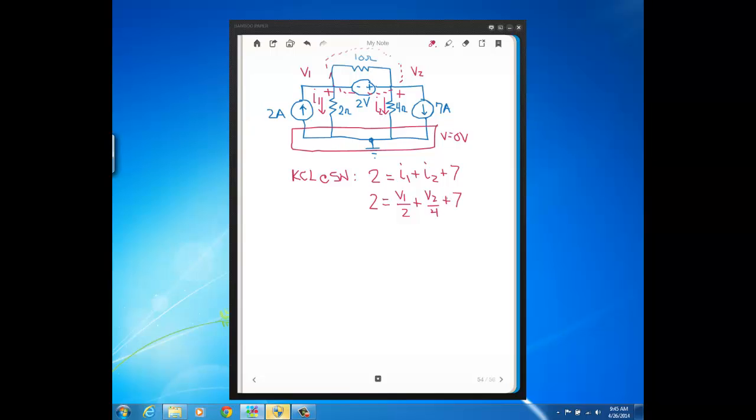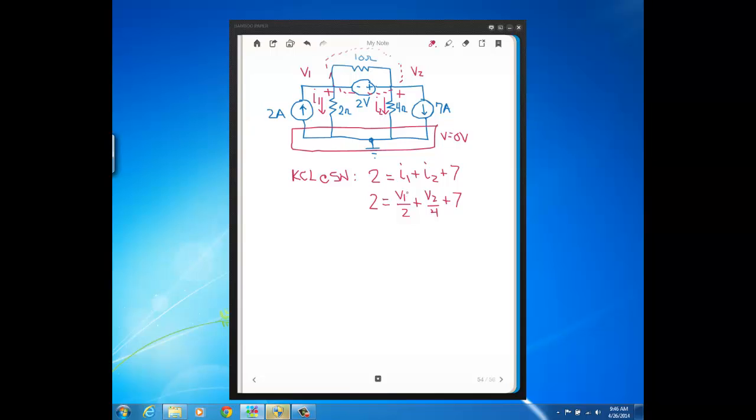Let me point out one common error students sometimes make when first learning about supernodes. They write the correct KCL equation because they treat the supernode as a single node. But then when they write these currents in terms of voltage using Ohm's law, they treat the supernode as still a single node.